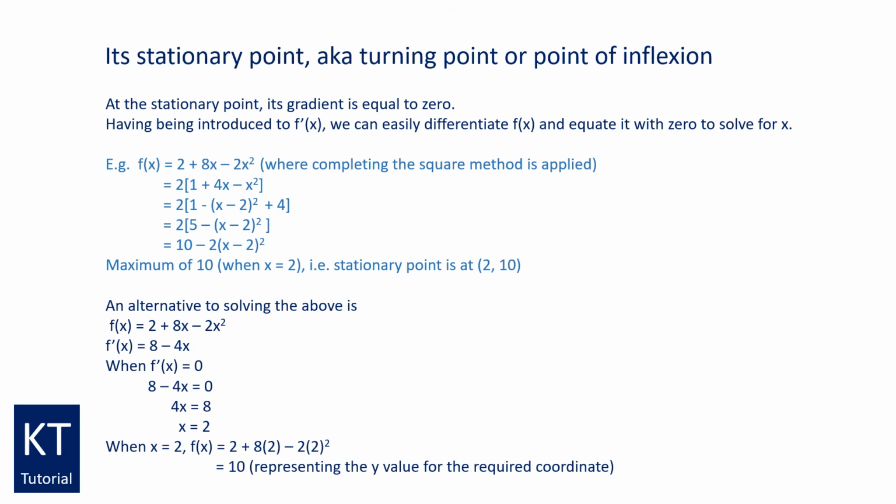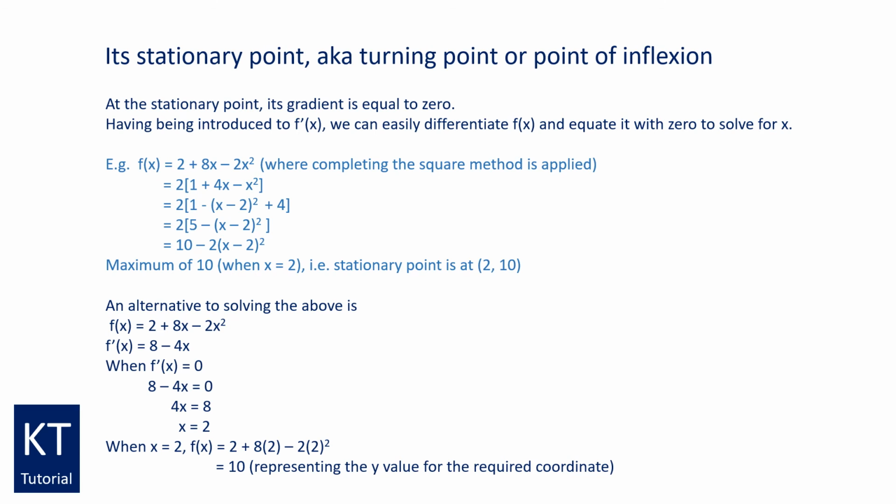At the stationary point, its gradient is known to equal 0. Having introduced dy dx, or the first derivative of a function, we can easily differentiate f(x) and equate it to 0 to solve for the x value of its stationary point. The example shows how we could identify a stationary point of a specific function using the completing the square method.